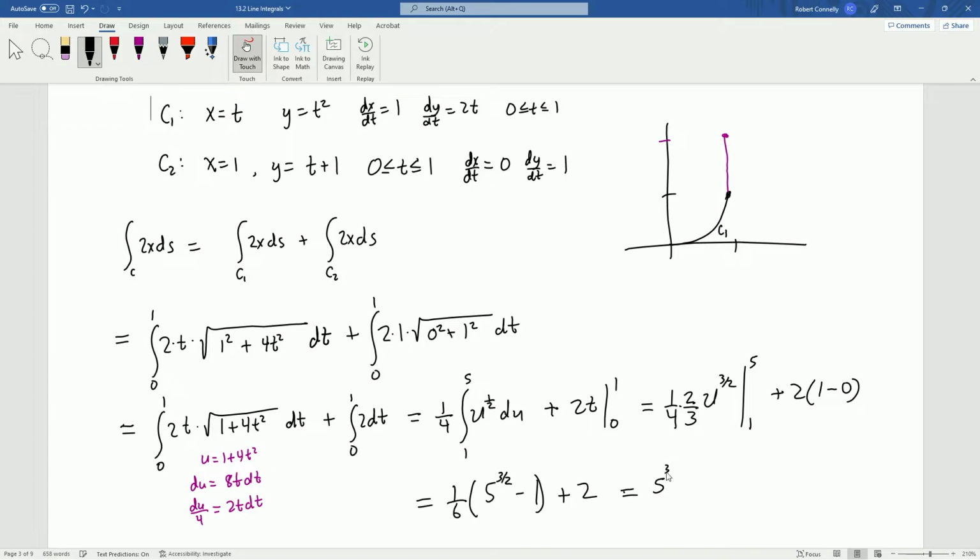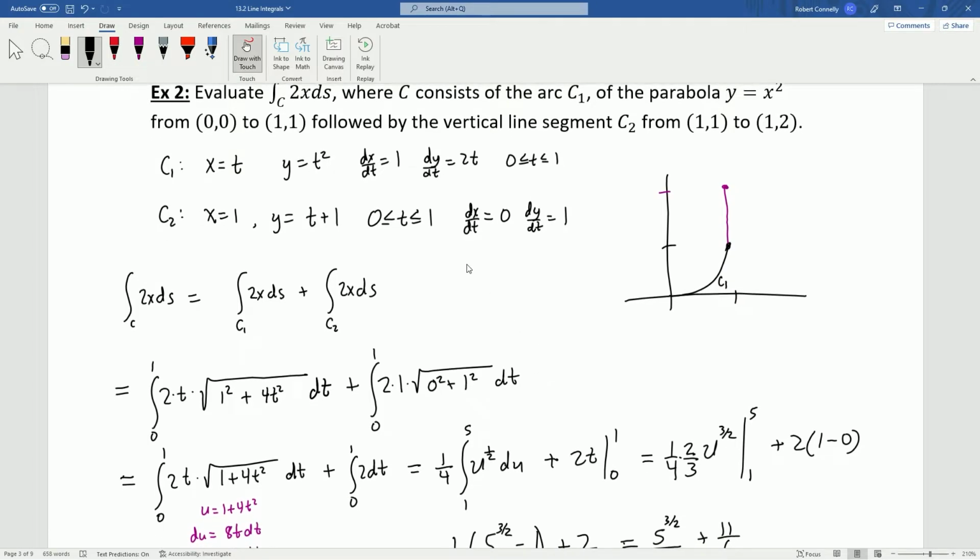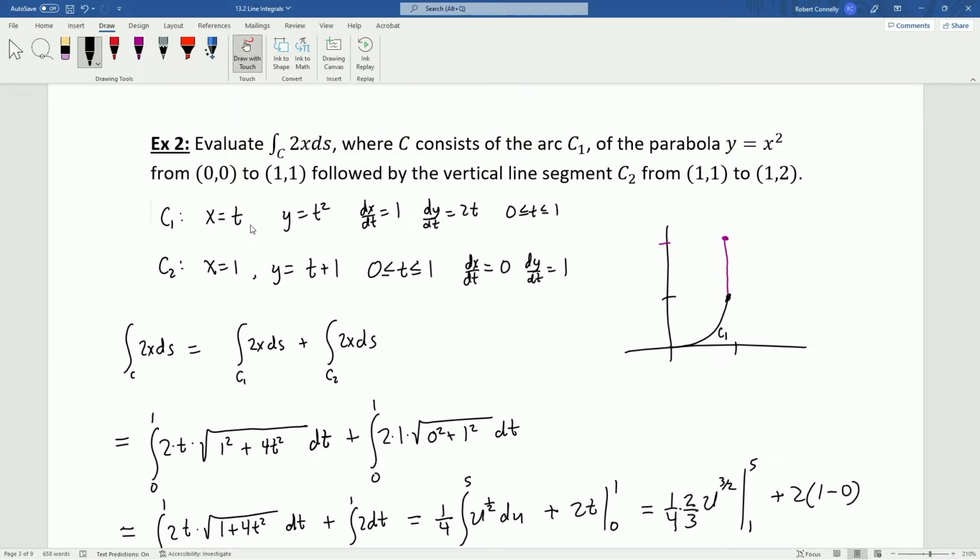This gives me 5 to the 3/2 over 6, minus 1/6, plus 2. 2 is 12/6, so this becomes plus 11 over 6. All right, well, that's it for example number 2. So let's go ahead and move on.